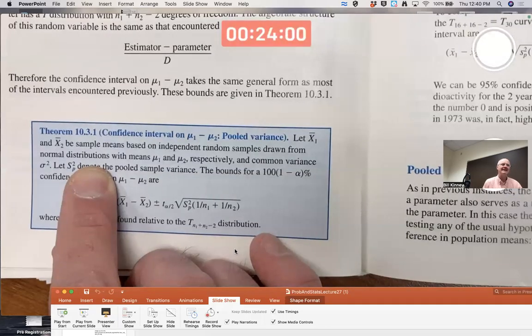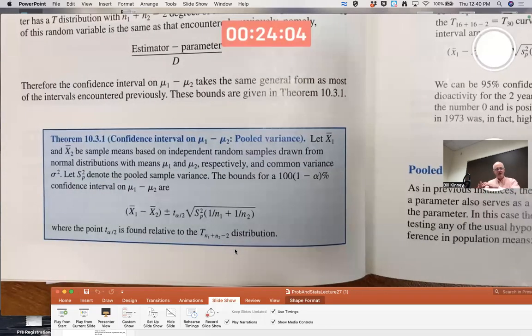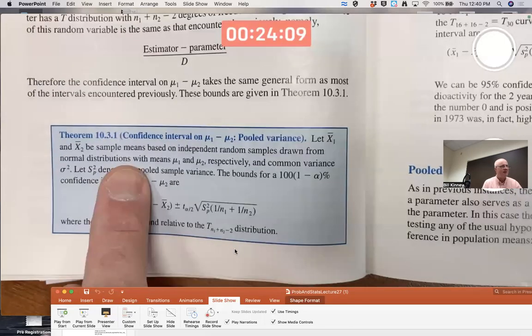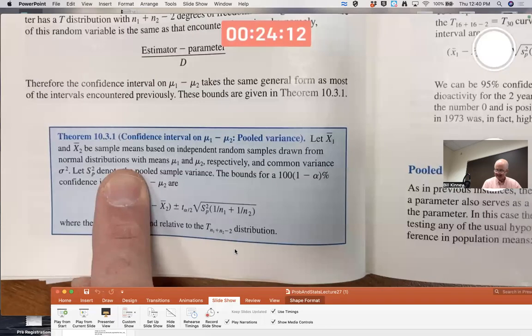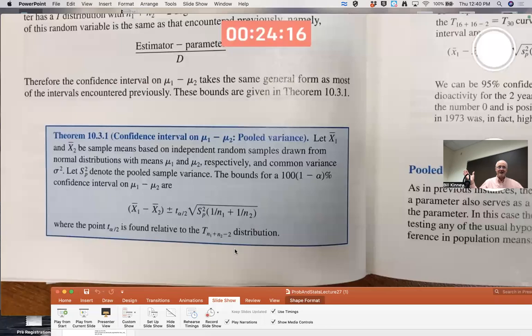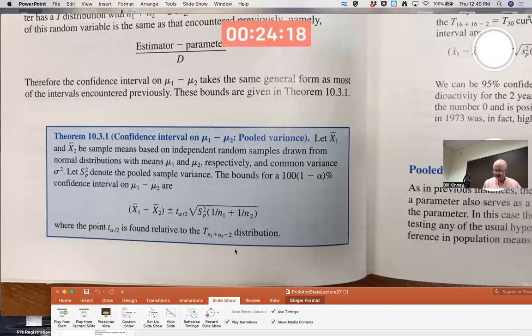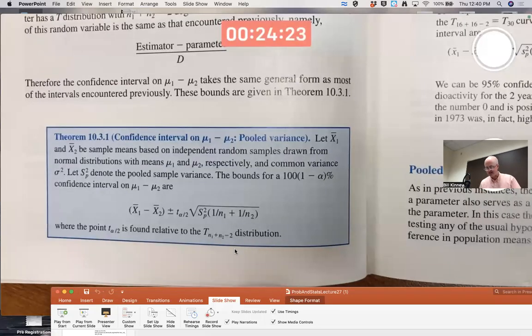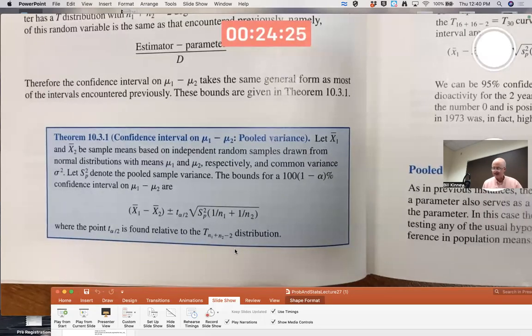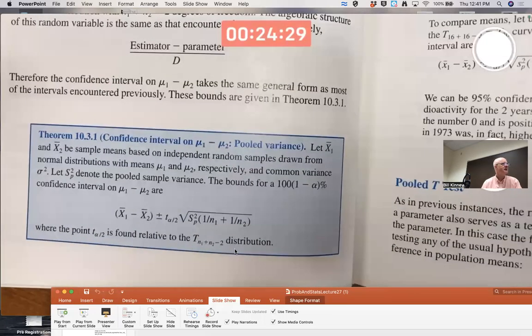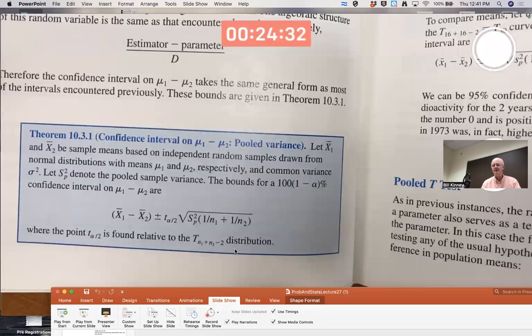I think that is what the book is getting at, though it's not clear exactly how you say that, because of the central limit theorem implying the sample means are approximately normal, we can therefore use this theorem. This theorem is talking about independent random samples from normal distributions in the original populations, not the sample means. So I think that's what the authors are getting at, but it's not a precise application of the central limit theorem. I probably would not ask a question like part E on the exam, at least.